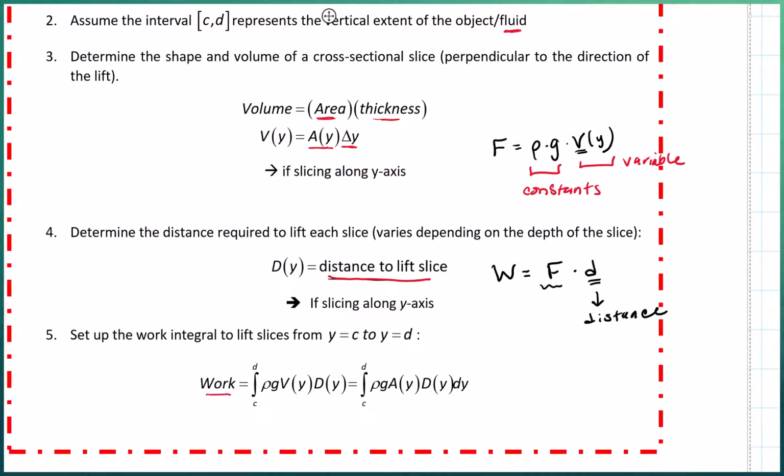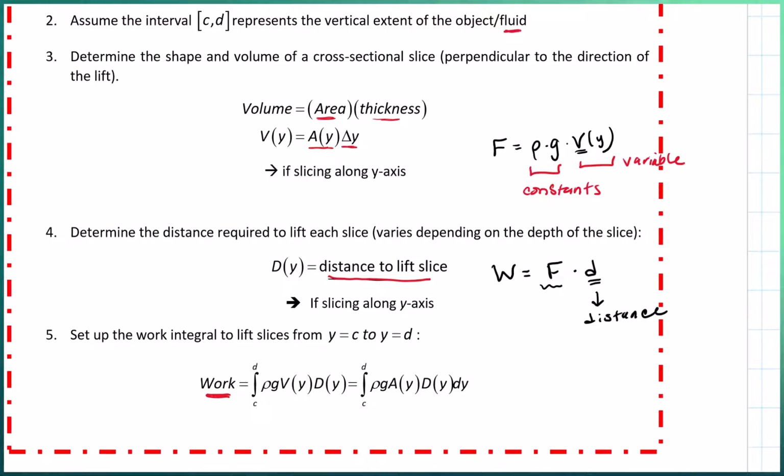The work needed to lift a slice, without the integral, is just rho times gravity times the volume times the distance lifted. But when we're talking about actually lifting n slices, then we take the limit as n goes to infinity.